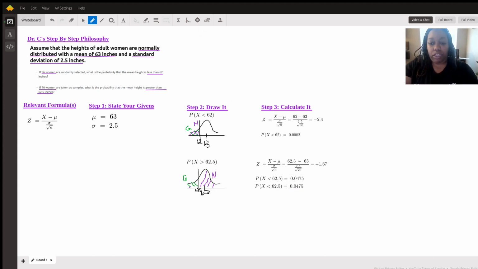So the probability of x being greater than 62.5 is going to be 1 minus the probability of x being less than 62.5.